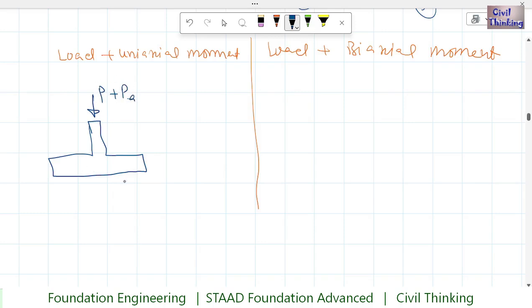But in some cases you might get a moment too. Why? Because of the soil pressure. For example, this is the soil pressure here, on the contact surface. If the pressure is not uniform, you will get a moment. For example, the pressure on this side is more.